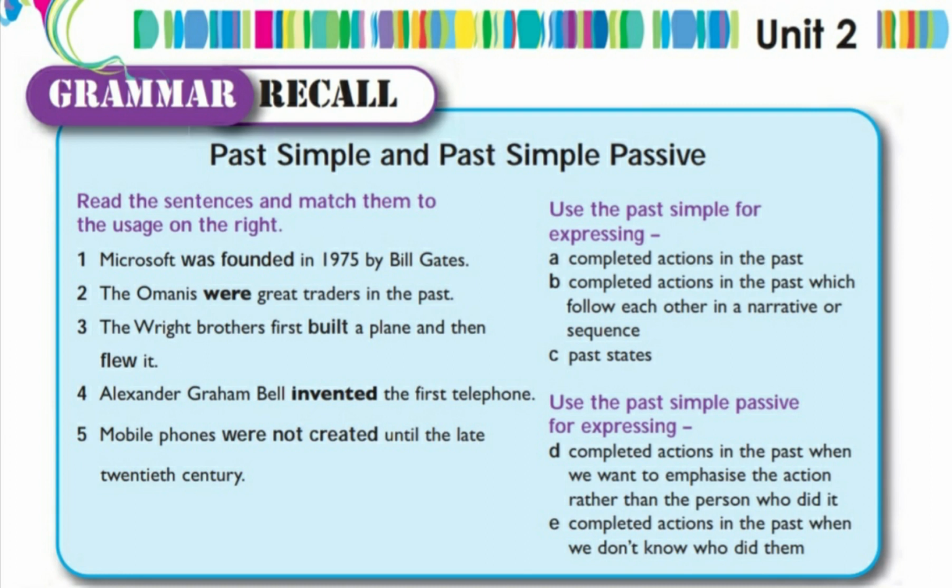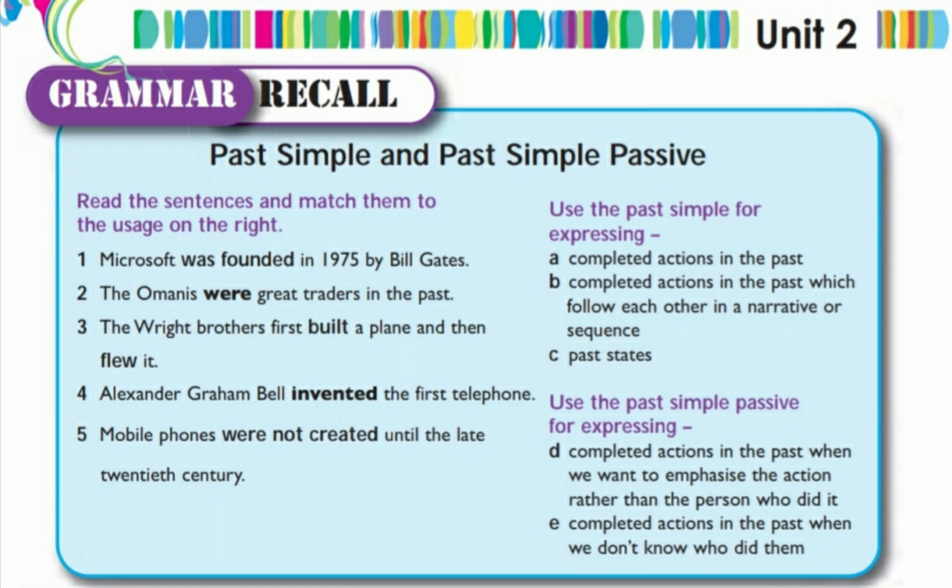As you can see here, the first use, completed action in the past. What does it mean, completed action? It means an action that happened in the past and finished. And you know it from the time expression used in the sentence.